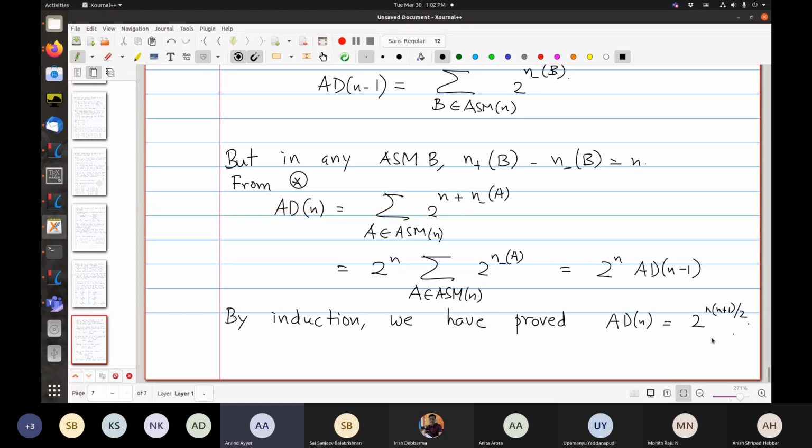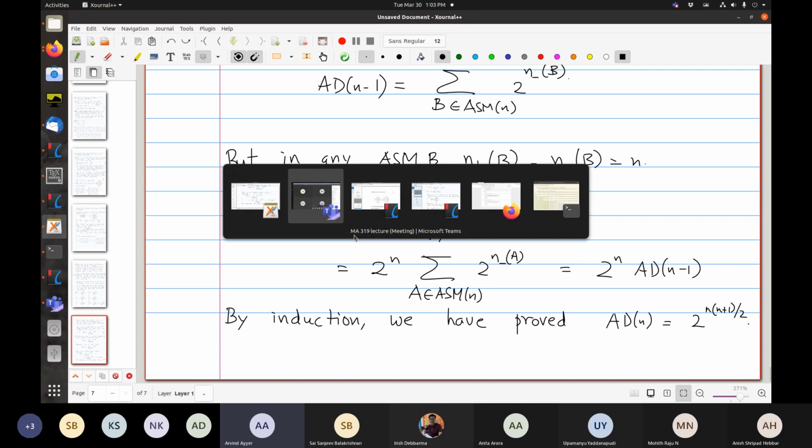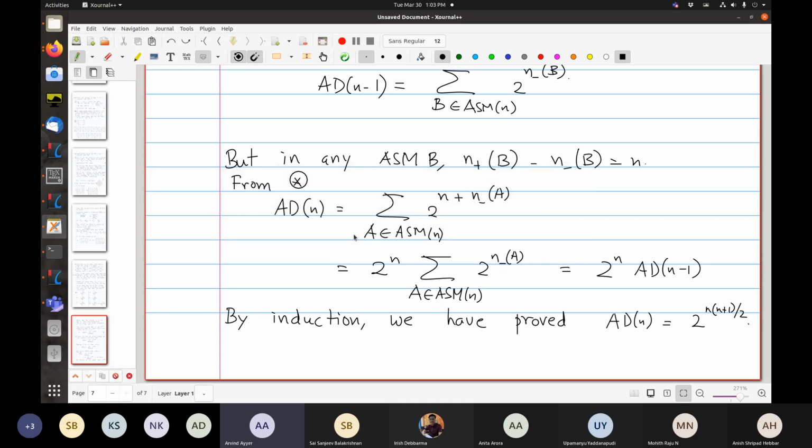Okay, so this completes the proof, and as you can see, it's very elegant. It shows this connection with ASMs, and this also proves something that I had said earlier, which is that the 2 enumeration of ASMs gives you 2 to the n plus 1. This also proves that.